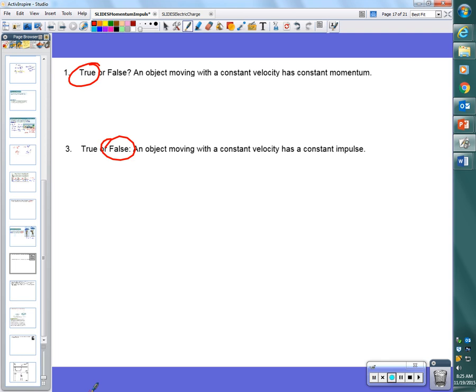Alright, so let's discuss. First, an object moving at constant velocity has constant momentum. We talked about that, that's how we calculate momentum, right? If the velocity is constant, the mass doesn't change, constant momentum. But what did we say our definition of impulse is? First, how do we calculate the impulse?